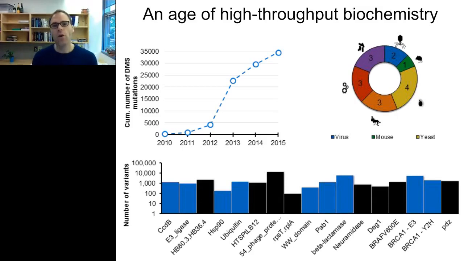They are also mostly done by different labs, and mostly done in different model systems. Some are scanned using phage display, some are scanned in yeast, some are scanned in mammalian cells. And many of these scans were done in the very early days of deep mutational scanning, when standards for generating and analyzing the data were less strong than they are now.